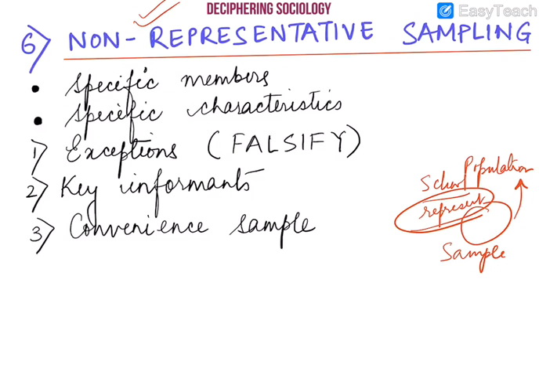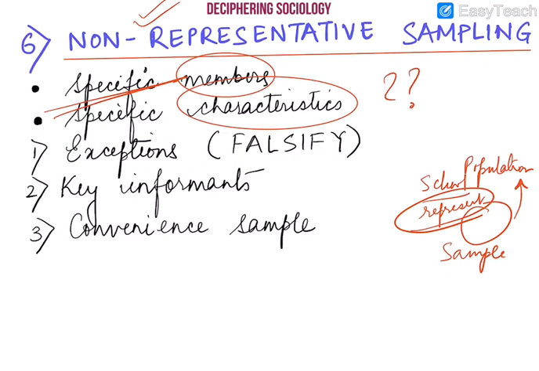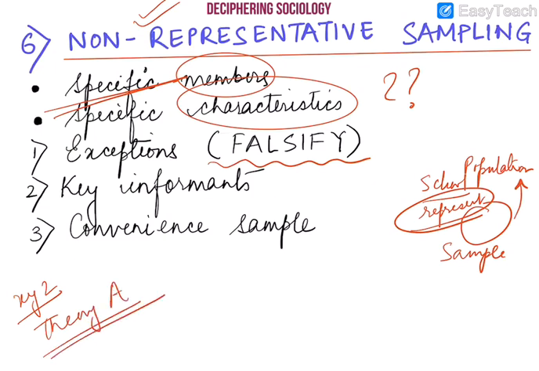So what are we actually looking for? Here what are we doing? We are choosing specific members with specific characteristics. Why are we doing it? Because perhaps we want to falsify a theory. Some researcher, he or she, XYZ, gave a certain theory A. I want to refute that theory.